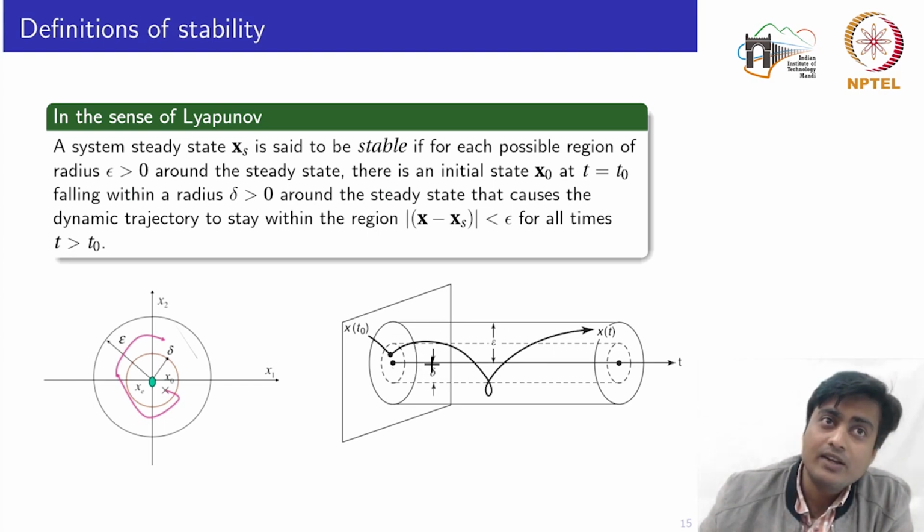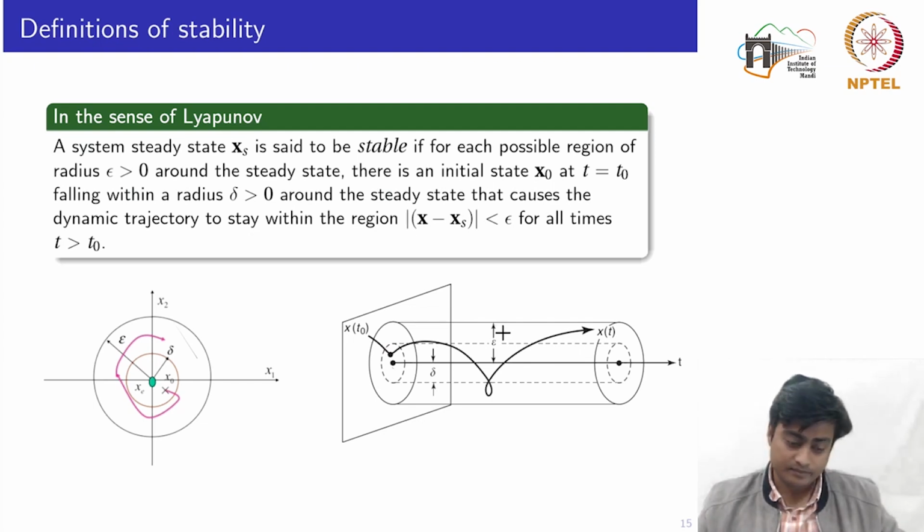This is the same phenomenon which we had seen in the simple pendulum example: at the steady state theta equal to 0, the same kind of motion I would see. But if I try to visualize this definition at theta equal to pi, it would certainly leave the outer cylinder with radius epsilon.